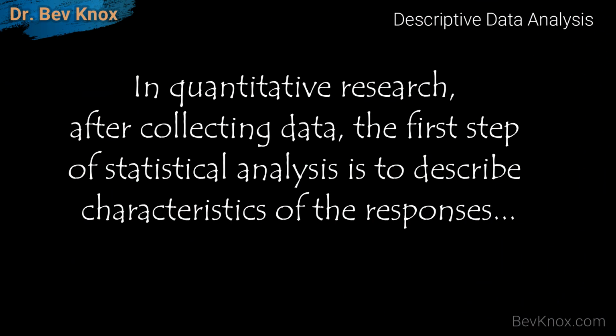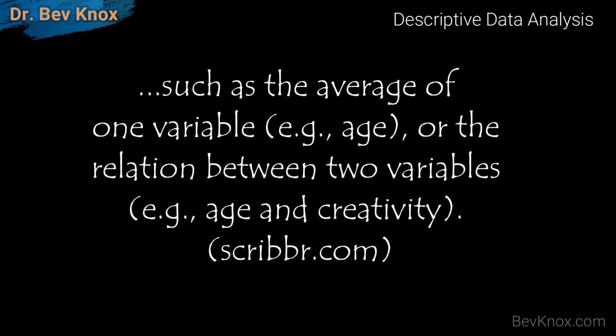In quantitative research, after the data is collected, the first step of statistical analysis is to describe characteristics of the responses, such as the average of one variable, such as age or weight or height, or the relation between two variables, like age and creativity.